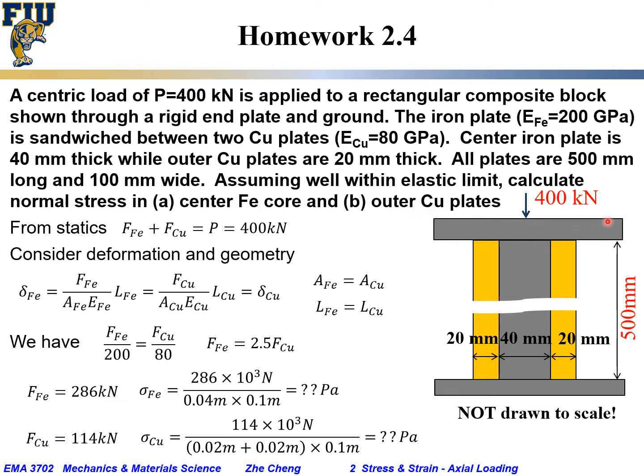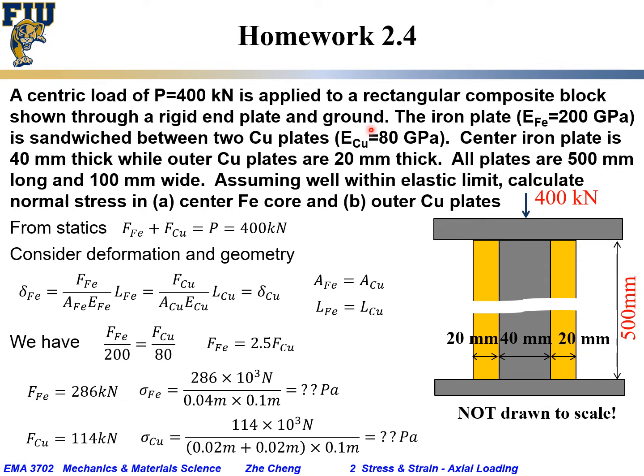One rigid end plate at the top, one rigid end plate at the bottom. The composite is sandwiched in between these two rigid plates. In particular, the center iron plate is sandwiched between two copper plates, one on the left, one on the right.